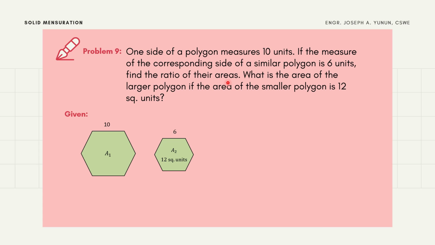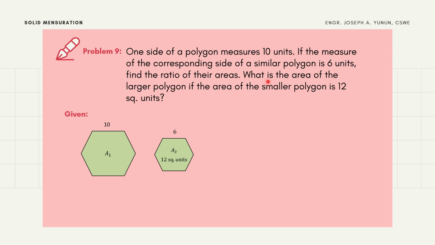So you could solve that: 10 squared all over 6 squared, which is 36. Simplified, that is the answer for the first question, find the ratio of their areas. The ratio of their areas is 100 over 36, so A1 over A2 is equivalent to 100 over 36.